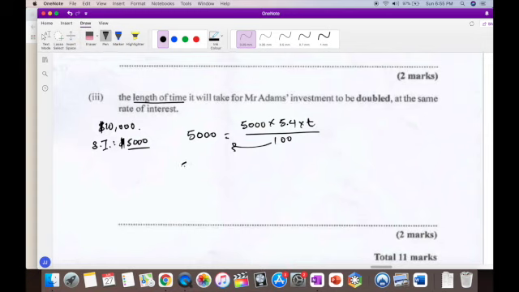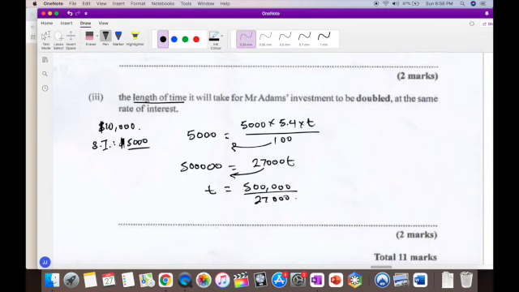We'll now have 5,000 multiplied by 100, equal to 5,000 times 5.4, which gives us 27,000 t. So t would be 500,000 divided by 27,000, because when we throw this 27,000 across, it'll be divided.